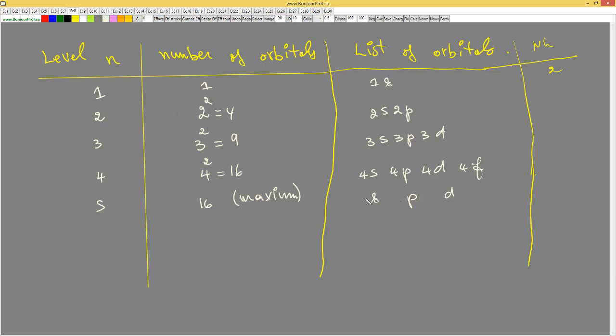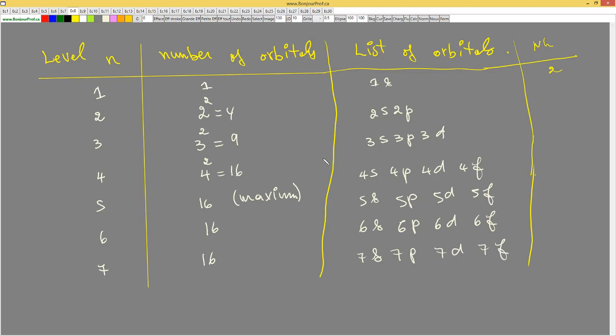It will be 5s, 5p, 5d, 5f. If I have 6, it will be 16, and I will have 6s, 6p, 6d, 6f. If I have 7, I will always have 16, and I will have 7s, 7p, 7d, 7f.